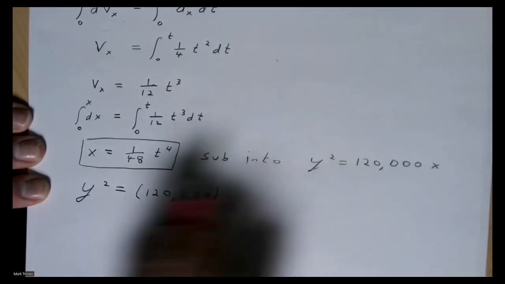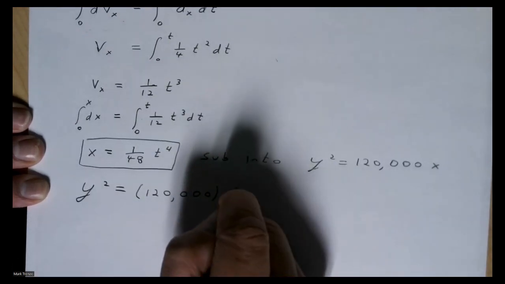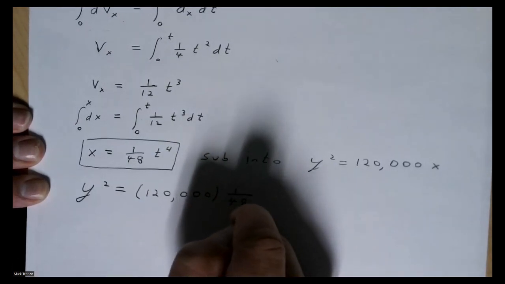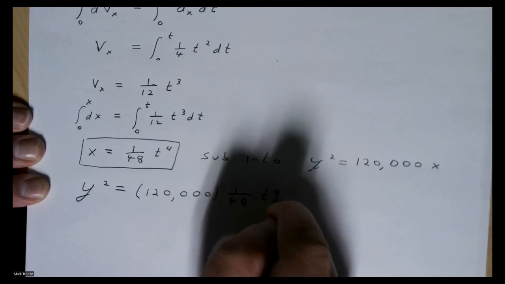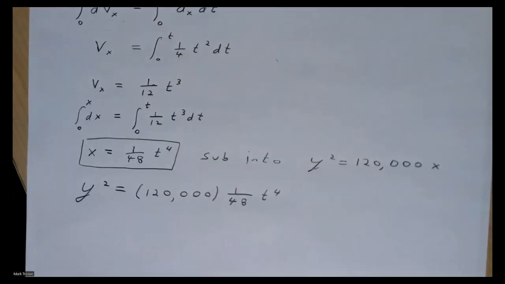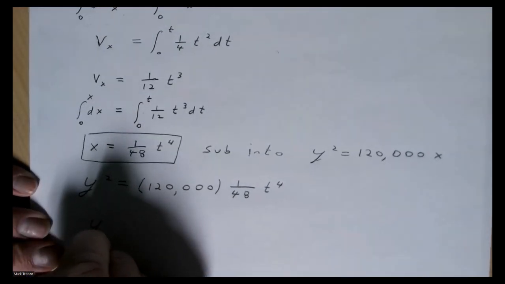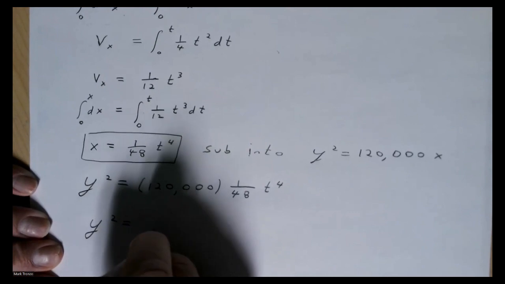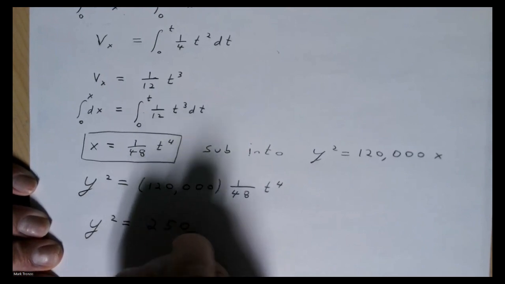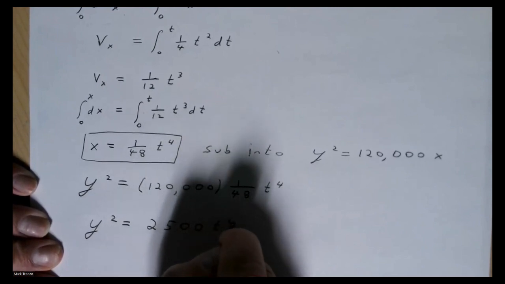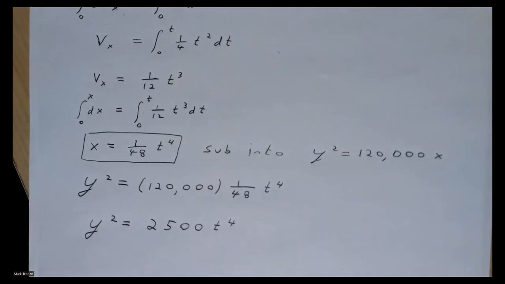And then for the x, we're going to put this in. And if we divide this out, it comes out kind of nicely. This is going to be 2,500 t to the 4th, like this.